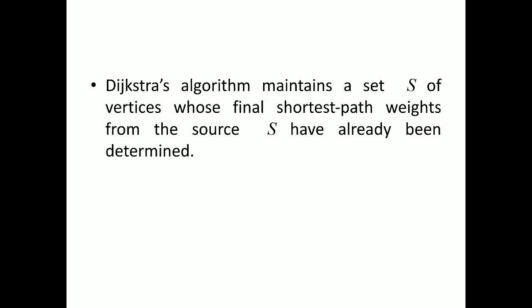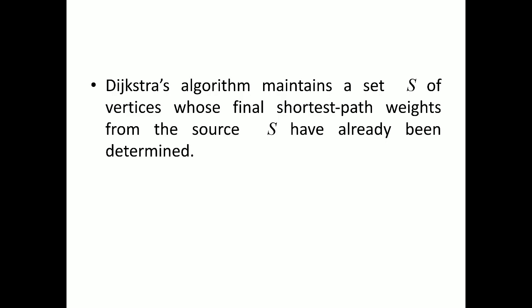So how does it work? Dijkstra algorithm maintains a set S and initially it is empty. It is used to keep track of the visited vertices that we have covered till now, and whose final shortest path weight from the source has already been determined.